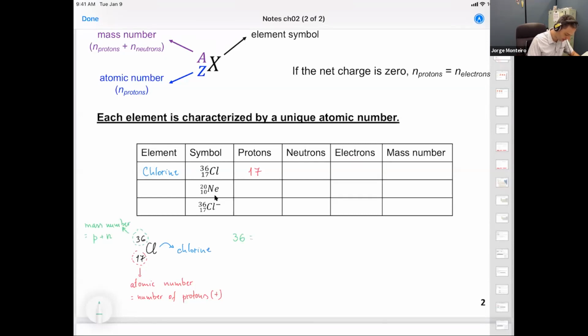We know that the number of protons is 17. And it is left for us to determine the number of neutrons.